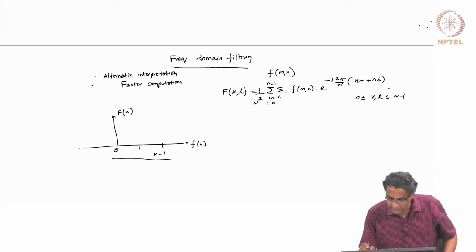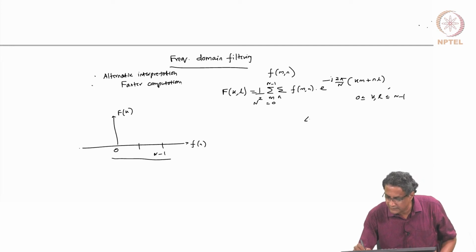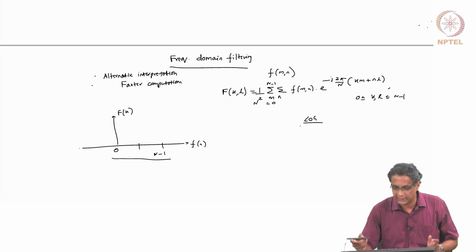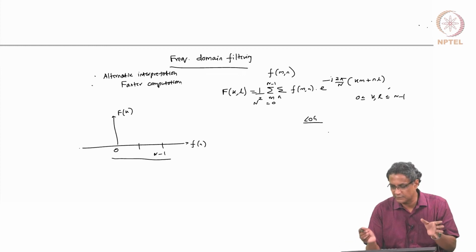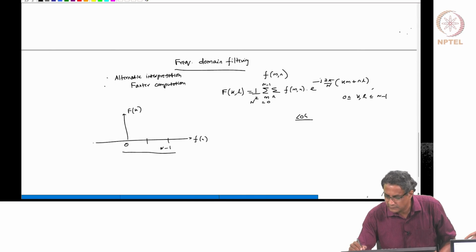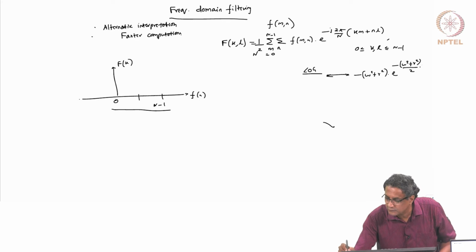The other thing was this interpretation part, which we have already seen. When we wanted to do that LoG filter, we saw how to get that expression. In the continuous domain, the Fourier transform looks like minus omega square plus nu square, into e raised to power minus omega square plus nu square by 2 into sigma square.